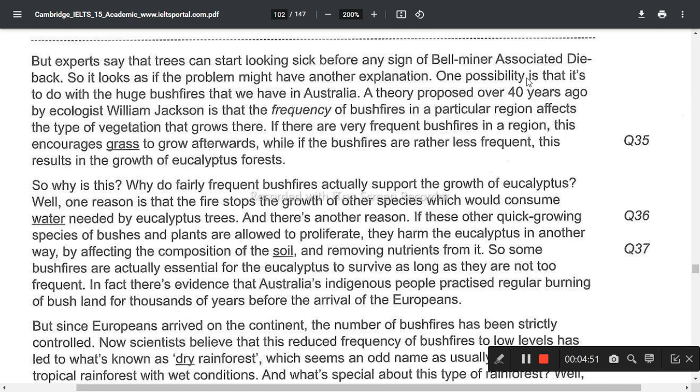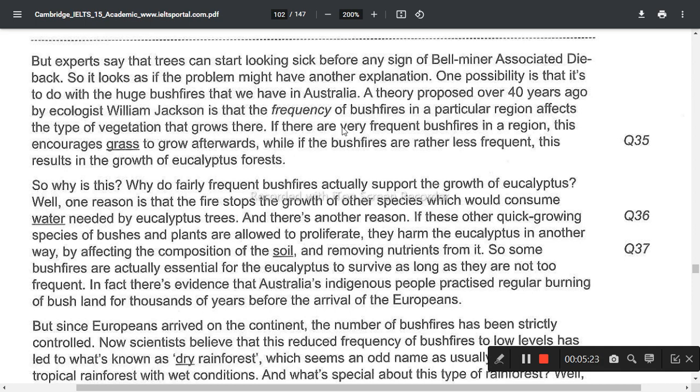One possibility is that it's to do with the huge bushfires that we have in Australia. A theory proposed over 40 years ago by ecologist William Jackson is that the frequency of bushfire in a particular region affects the type of vegetation that grows there.